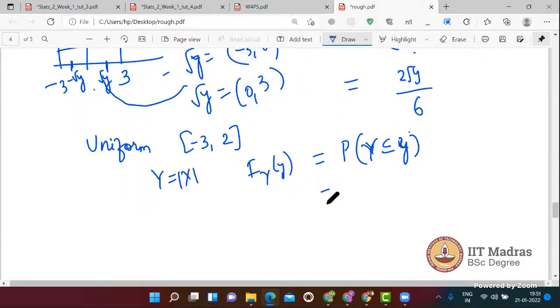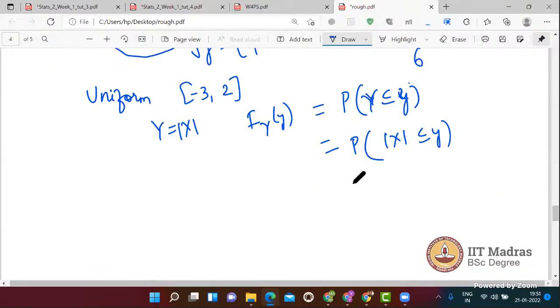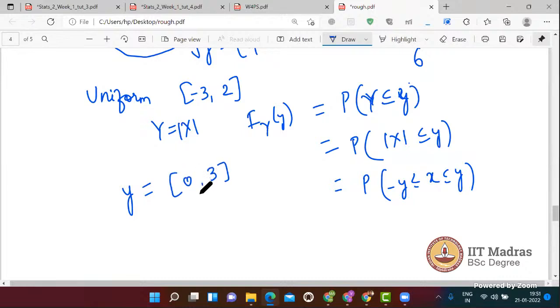Now you can directly write it as mod of X less than or equal to y. Similarly, you can write it in the form of X lying between minus y and y. Now you will check what the support for Y was.